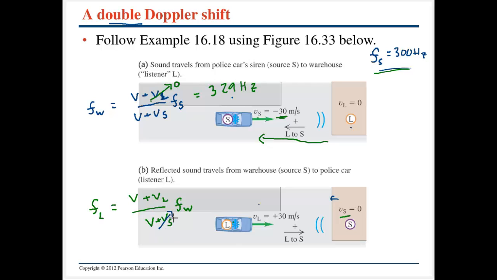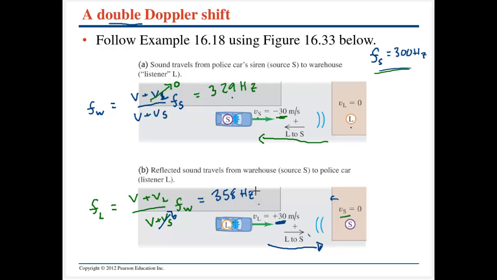The source now is not moving. The velocity of the listener is going to be positive, because positive is now from the listener towards the source, and we get a double Doppler shift such that the frequency heard by the police car from its own reflection is going to be 358 hertz.